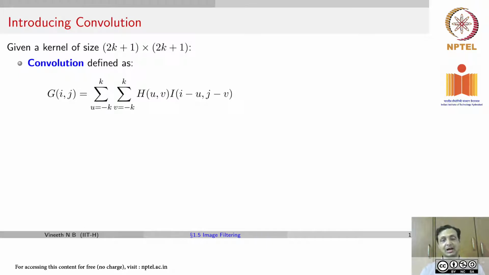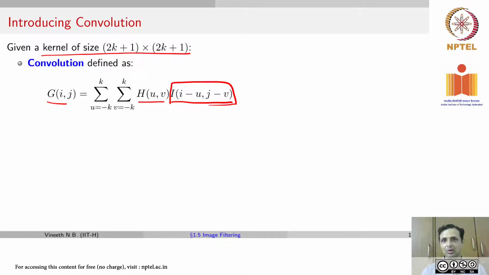That introduces us to the operation of convolution. Convolution is very similar to cross correlation. The main difference here is, given a kernel of size 2k plus 1 cross 2k plus 1, given an input image I and a filter H, your output is, but this time, H of u comma v into I of i minus u and j minus v.